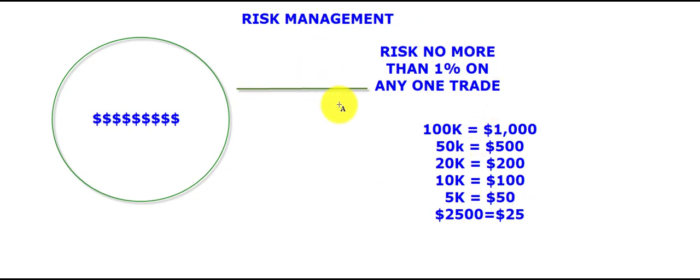So very, very important. In these last two segments, we talk about the odds and the probabilities, and we talk about the risk management and the size of your account. And it has to be practiced.